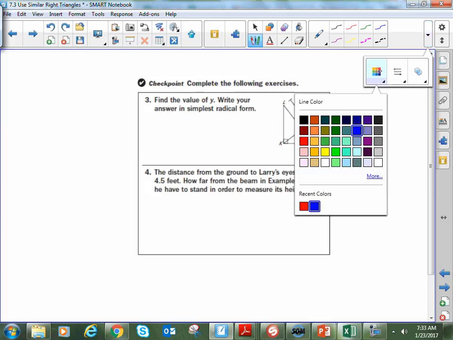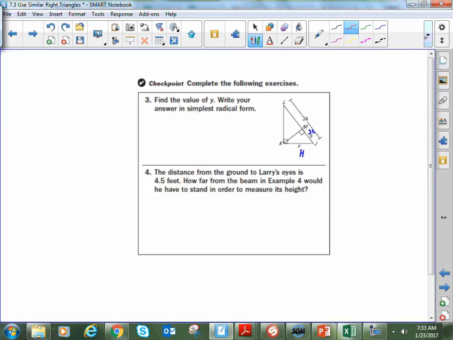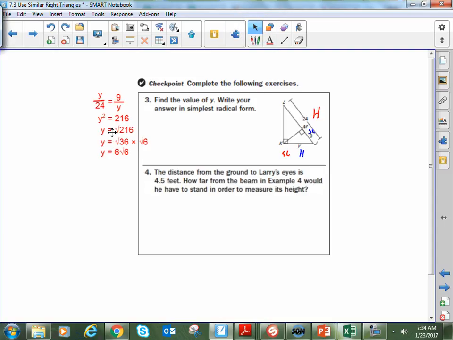Now, next thing I'm going to look at is I know that y is also the short leg of the big triangle, and here the 24 is a hypotenuse. So I can recognize I can have the ratios of a hypotenuse to a short leg and a hypotenuse to a short leg for my proportions, or a short leg to a hypotenuse, however you wanted to do it.